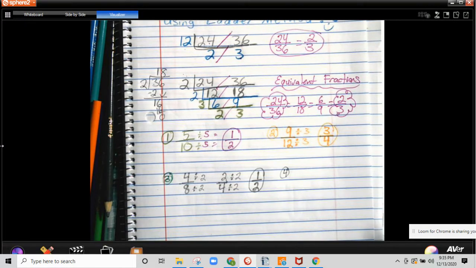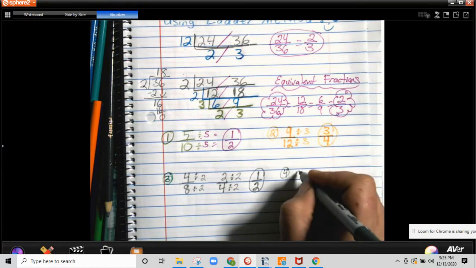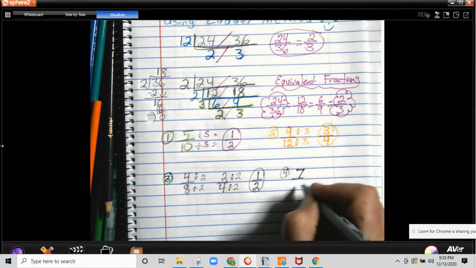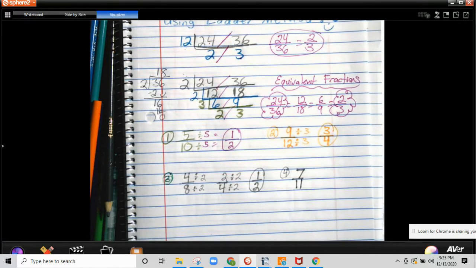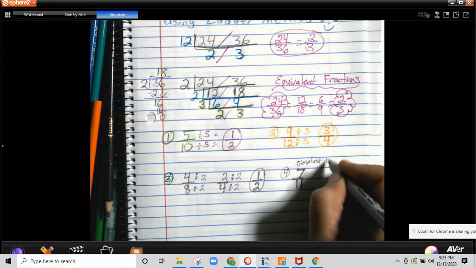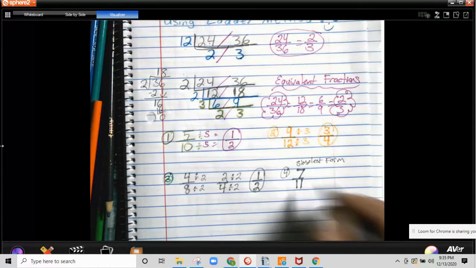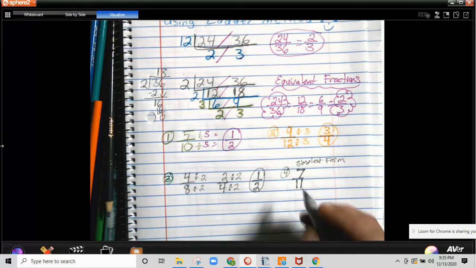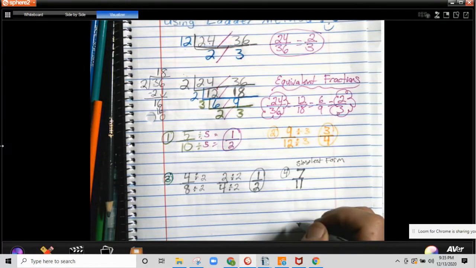All right. Now, what if I have something like 7 over 11, and I want to put that in simplest form? I'm going to look at that. I'm going to say, okay, well, what number do I know goes into both 7 and 11?